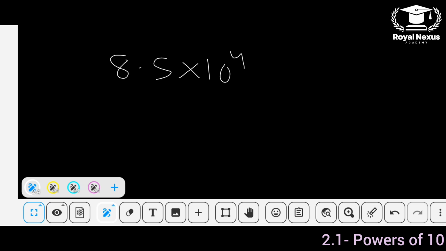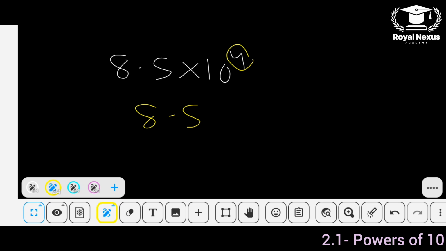Whenever we are multiplying by 10 to any power, in multiplication we will always move the decimal to the right. So it will be like this: 8.5, the power of 10 is 4, which means that we need to move the decimal 4 places to the right.